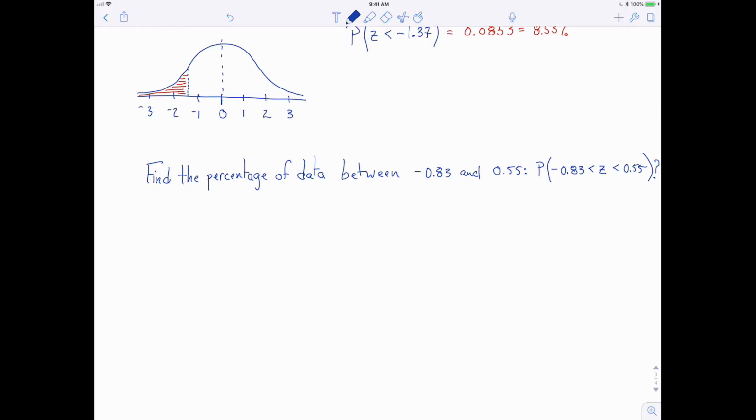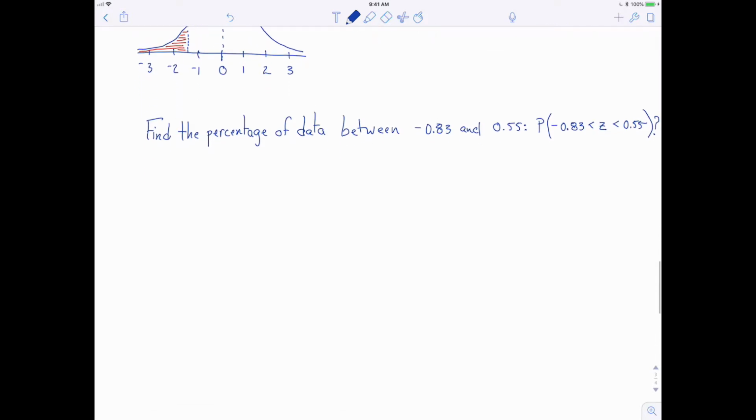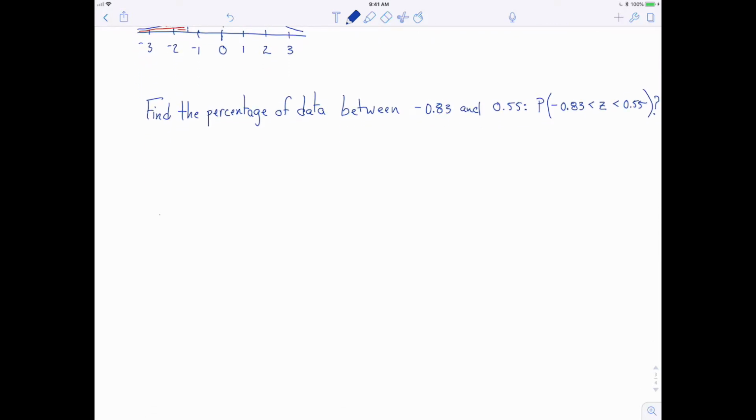So here we go. I'm going to start with a picture. I think pictures help explain things. So let's draw this picture here. And let's make our normal distribution. And let's put our center here at 0. And again, we'll label it 1, 2, and 3. And 1, 2, and 3 the other way.